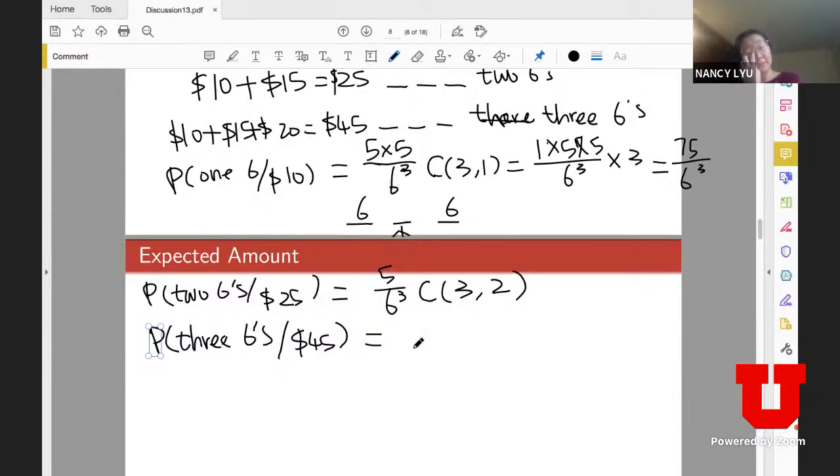This case should be straightforward because we want all 3 spots to be occupied by 6, and we still have the sample space of 6 cubed. That should give you only 1 possible outcome.